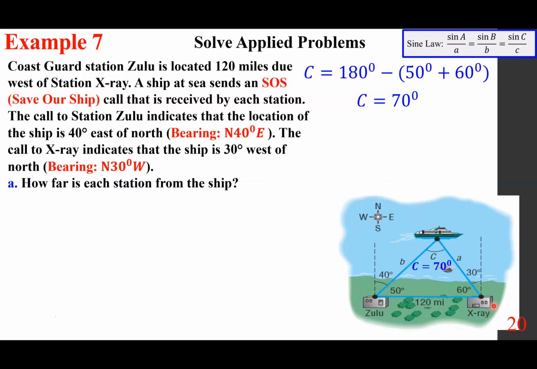If I want to write this for all of them, sine of 50 over A is equal to sine of 60 over B is equal to sine of 70 over 120.